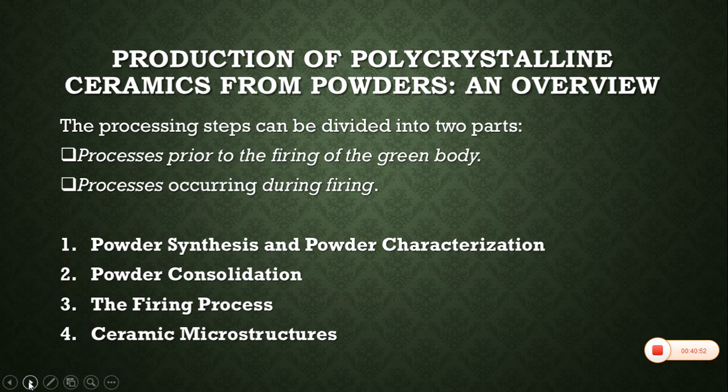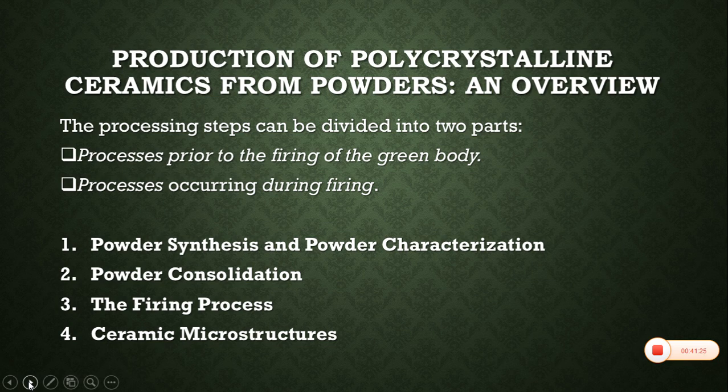The third one is the firing process. The firing process is very important. In order to have the desired microstructure, the selection of the temperature at which you can attain the desired phase is very important, because there is a certain range of temperature at which a certain phase can exist.